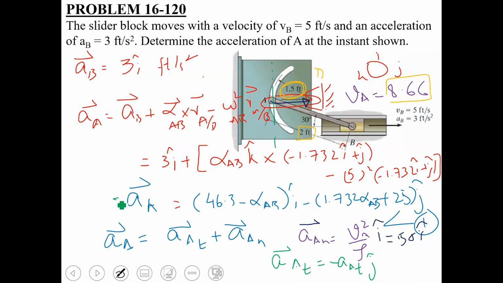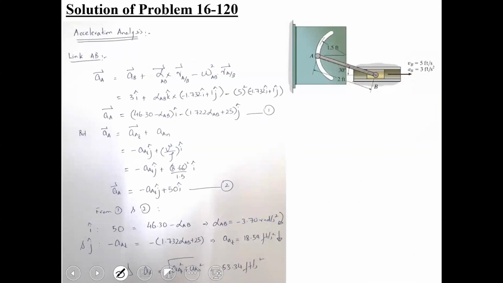So replacing this AA as 50i minus AAT j and then comparing the i and j coefficients on both sides of this equation number 1. If you compare the i coefficients, it means that 50 should be equal to 46.3 minus alpha AB. Once you compare the j coefficients, it means that minus AAT should be equal to minus 1.732 alpha plus 25. So once you solve it, alpha AB comes out to be minus 3.70 radians per second square.